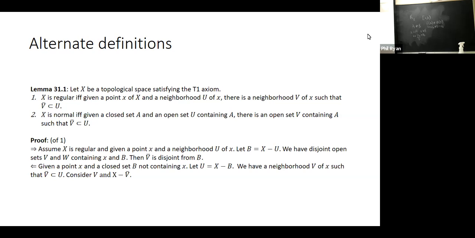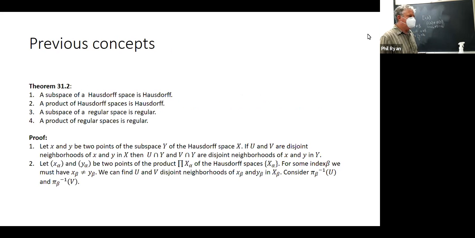That does our job, and so that shows that X is regular. So as I said, this is quite often a nicer way to prove that things are regular or normal.